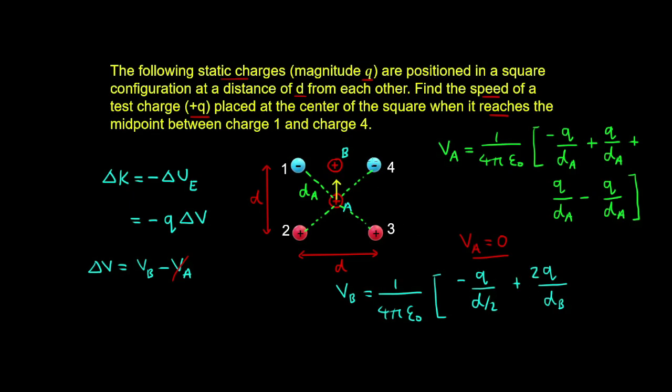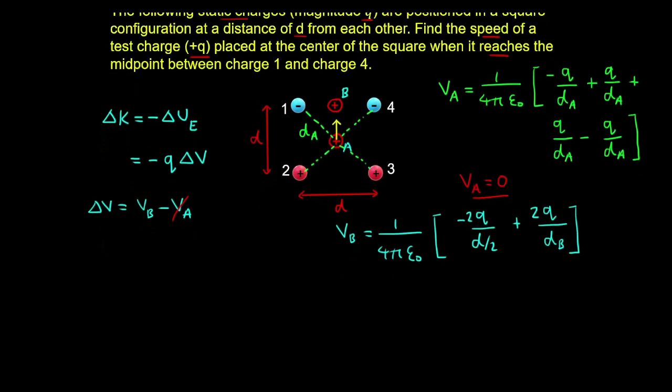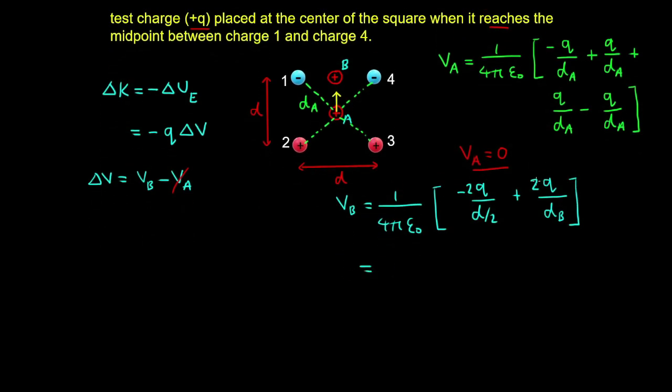And charge 4 is going to contribute the same electric potential as charge 1. So if we simplify this, by factoring out 2Q, we end up with Q over 2 pi epsilon naught times 1 on dB minus 1 on D on 2.